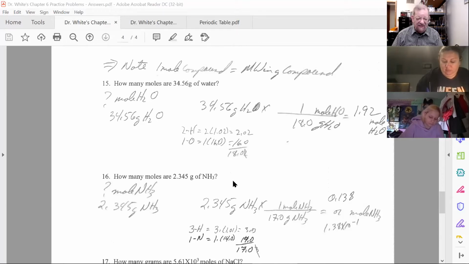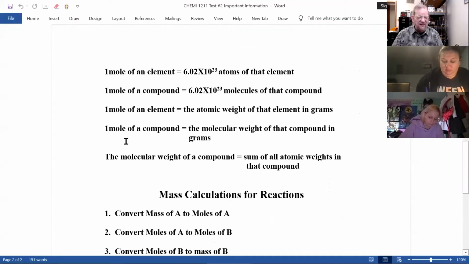Well, first of all, we go to important information for the final exam. I have it up here for test number 2, but this will also be on the final exam. 1 mole of a compound equals the molecular weight of that compound in grams, and the molecular weight of that compound is the sum of all atomic weights.